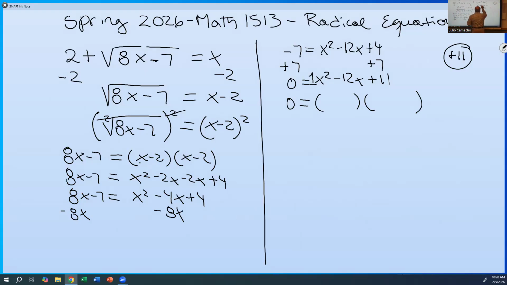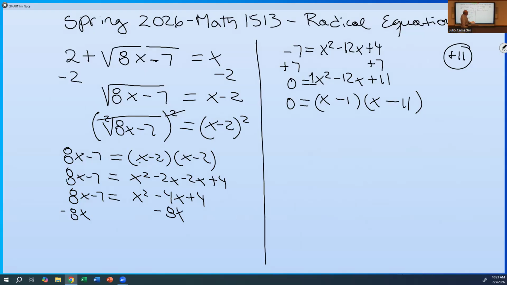So you put the square root of x squared, which is x, minus 1, minus 11. Minus 1 minus 11 is minus 12, and minus 1 times minus 11 is positive 11.